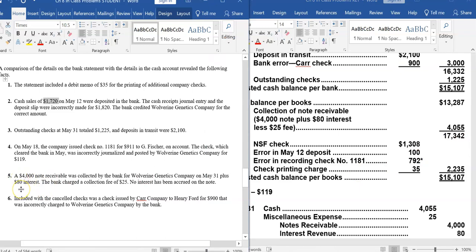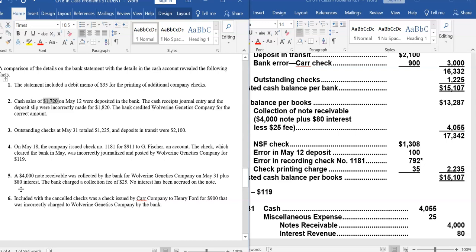Number 5, a $4,000 note receivable was collected by the bank for the company on May 31st, plus another $80 in interest was collected. The bank then charged a collection fee of $25. No interest has been accrued on the note. Okay, so $4,000 plus another $80 was collected by the bank for the company.